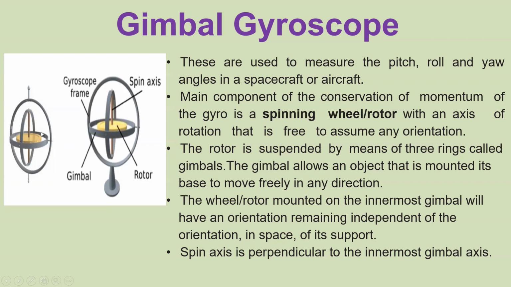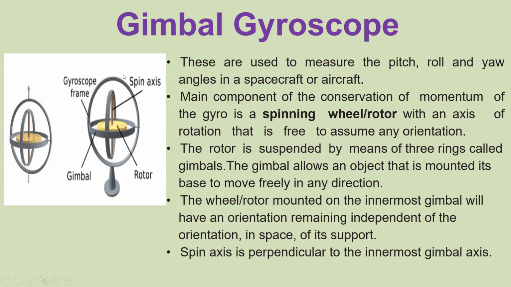And we have three of this kind of rings which are called gimbals. So this rotor is suspended by means of three rings. So we have three rings, 1, 2, 3.